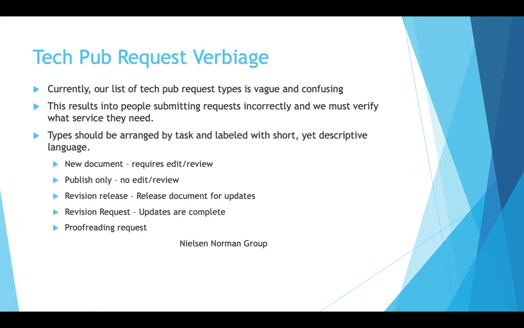And that is usually the one that is chosen the most often when they intend for it to go through our full edit and our approval process. But that often results in an email being sent to the author, and it can actually put a couple days delay on our turnaround time, just because we need to get clarification before we start working on the document.